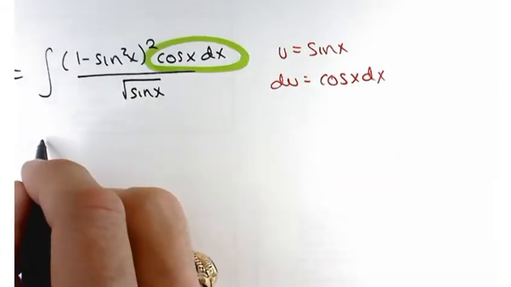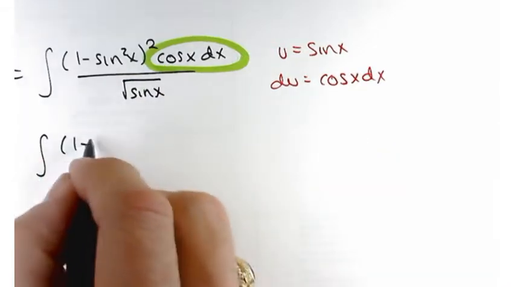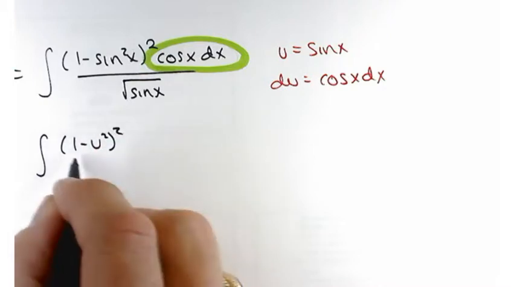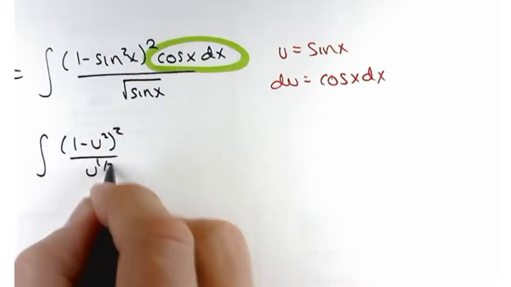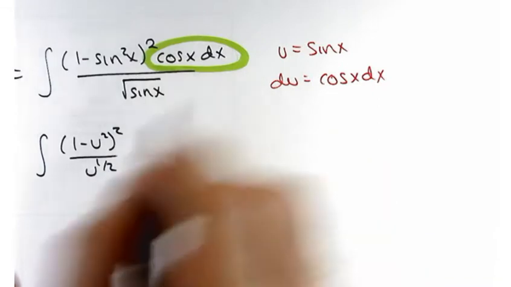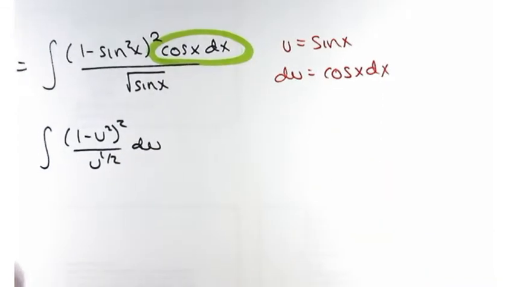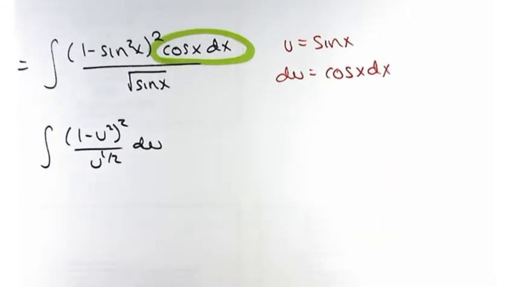Well, this becomes the integral of 1 minus u squared, squared again, over u to the 1/2 power times du. At least it's looking a little bit more hopeful. Andrew, any suggestions? What can we do here?